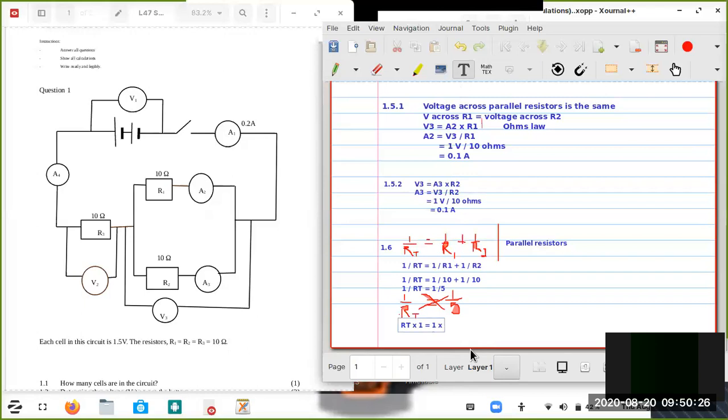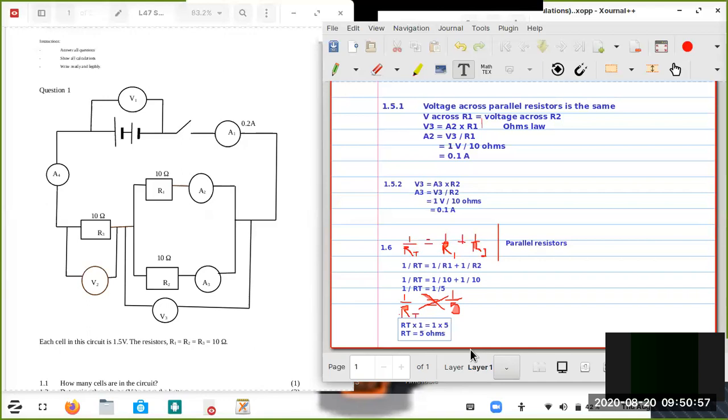So it's 1 times 5. Then finally, you'll find that the total resistance, because RT times 1 is RT, is equal to 1 times 5, which is 5 ohms, right?